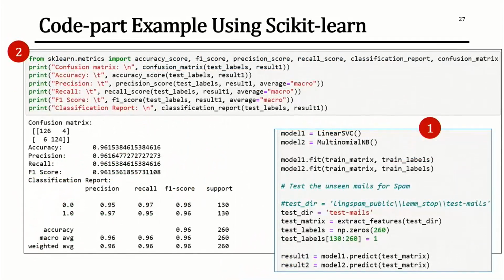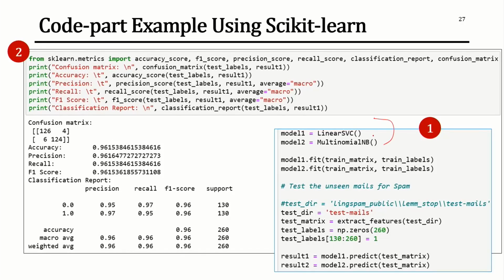And here in this slide, it gives you a code example using scikit-learn. It's not a complete code that you can use to run a classification problem, but it gives you an overview of the process on how you can use scikit-learn to perform some method in either text classification or machine learning algorithms.